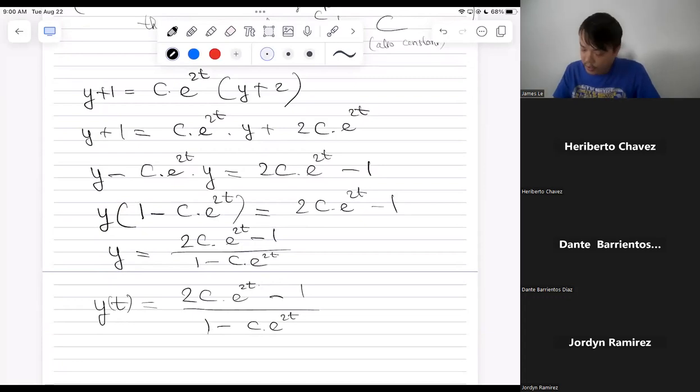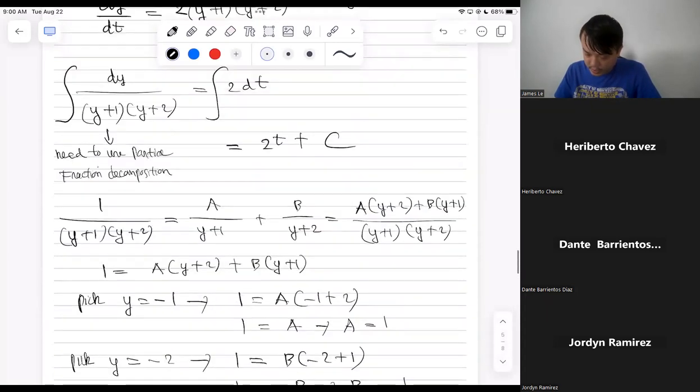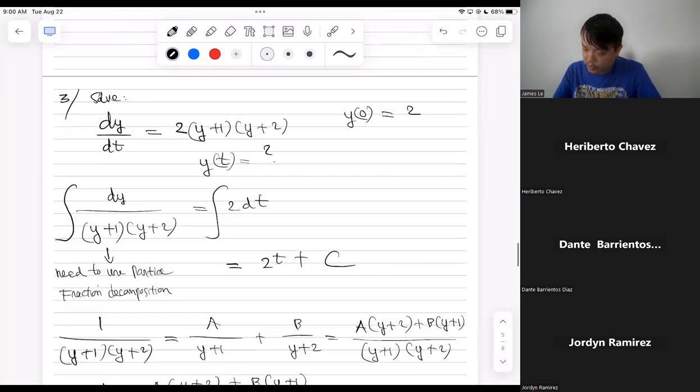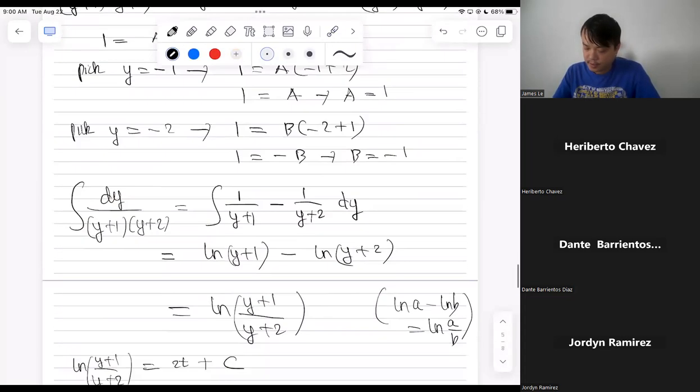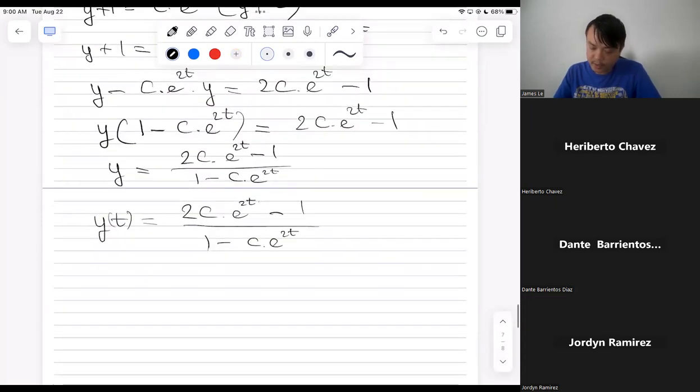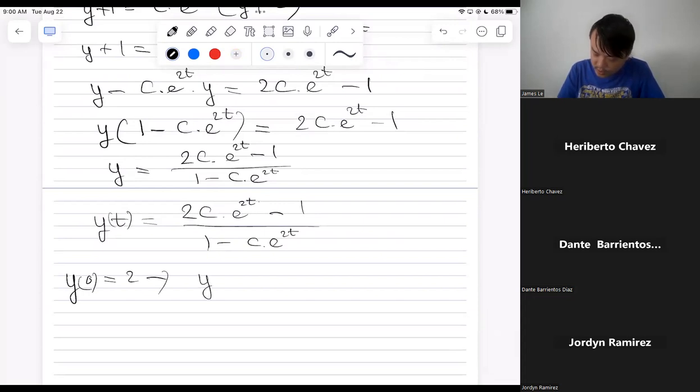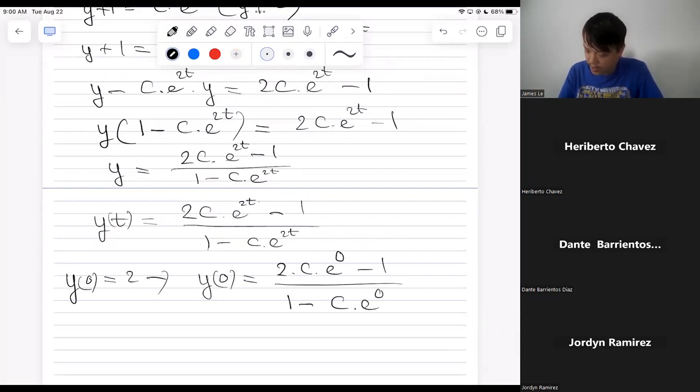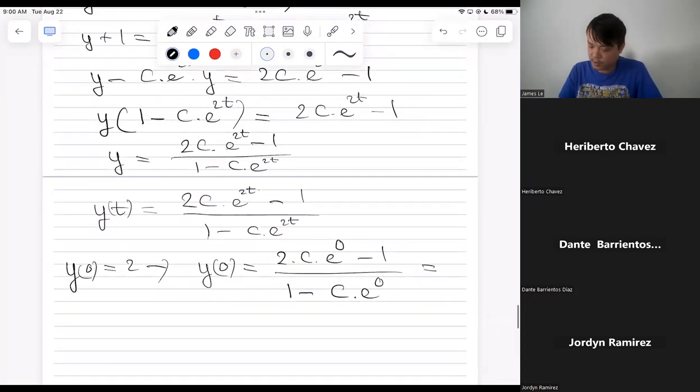And they give you the initial condition, which is y of 0 equals 2. So you need to find c, right? Whenever the question gives you an initial condition, you need to find c. You have y of 0 is 2c e to the power 0 minus 1 over 1 minus c e to the power 0, and that equals 2.